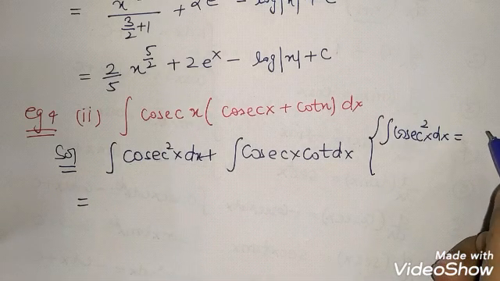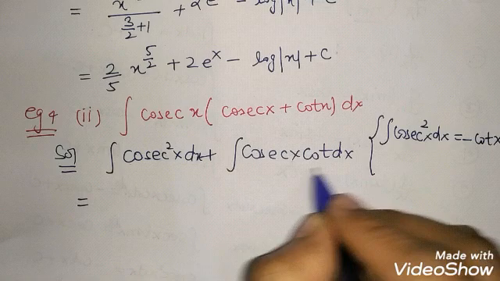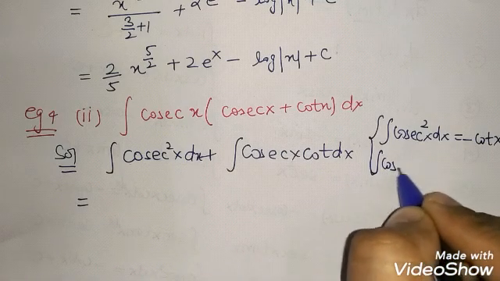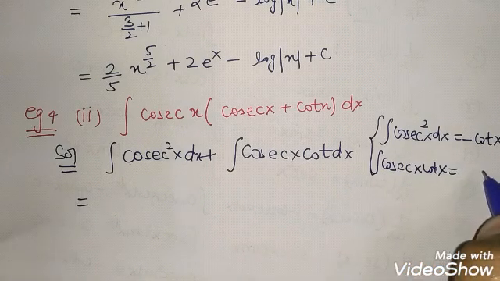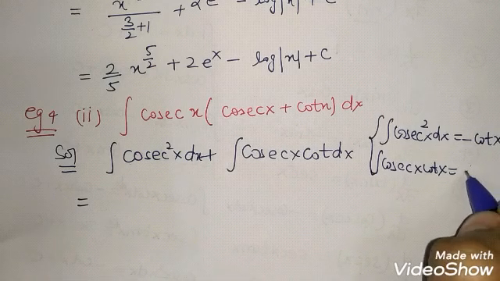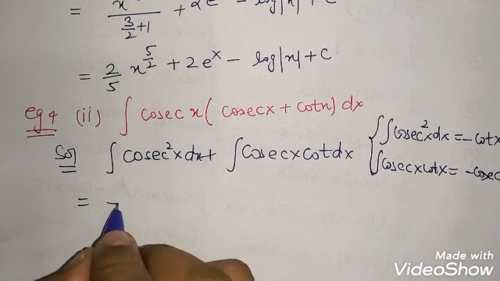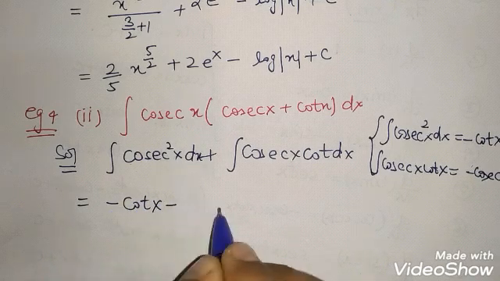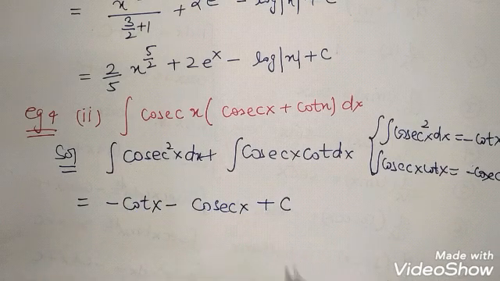Minus cot x. And integration of cosecant x cot x is what? This is minus cosecant x. It's again easy. Just write over here, this is minus cot x minus cosecant x plus c.